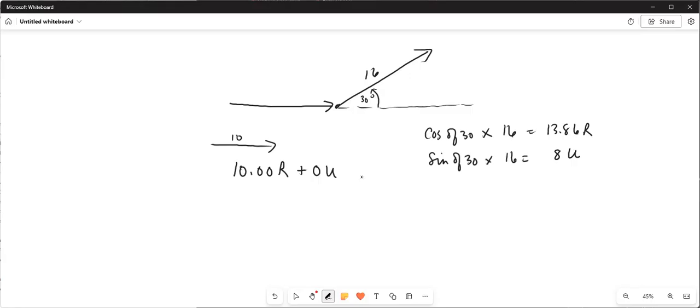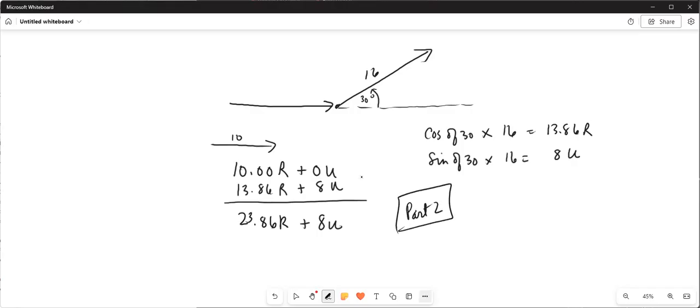Okay, so then we need to add that to our 10R plus 0U. So this is 13.86R plus 8U. So when we add that together, we're going to have 8 up and then 23.86R. Okay, so part 2 to this is expressing this in polar form.